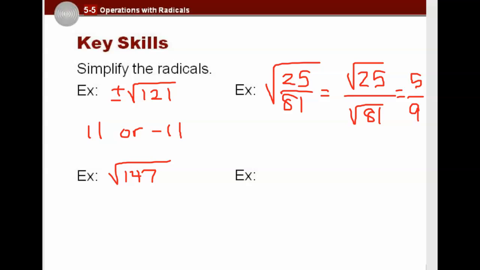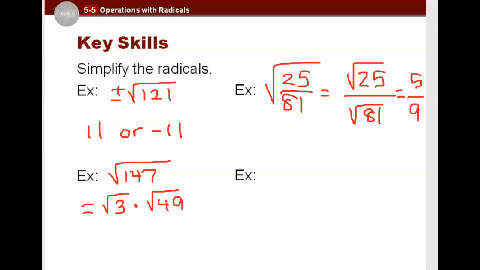So I'm going to use the multiplication property with 147 to rewrite that as the square root of 3 times the square root of 49, because 147 divided by 3 gets me the perfect square of 49. So again, I'm looking for a prime and a perfect square because that makes them easiest to simplify.